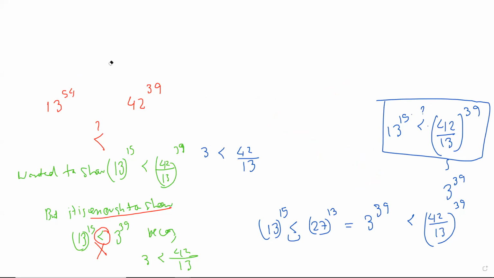Okay. When she said that 27 is almost twice 13, you said that that is not a good explanation. So why should that be a good explanation? Sorry, 13 to the power 15 is less than 2 to the power 13.